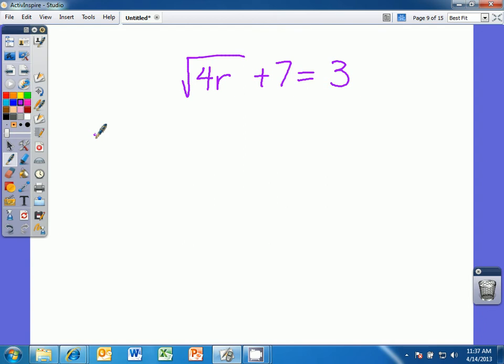So two reasons that we may have no solution: it doesn't check in the original problem, or it creates a negative radicand.